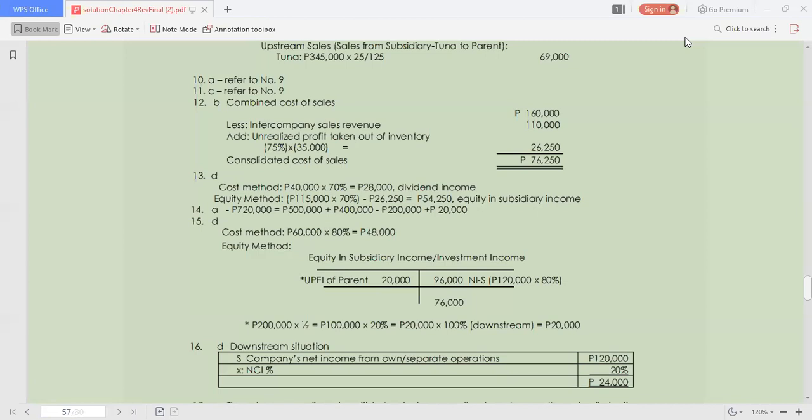And then we deduct 26,250, which is the unrealized profit. So the equity in subsidiary income is equal to 54,250.